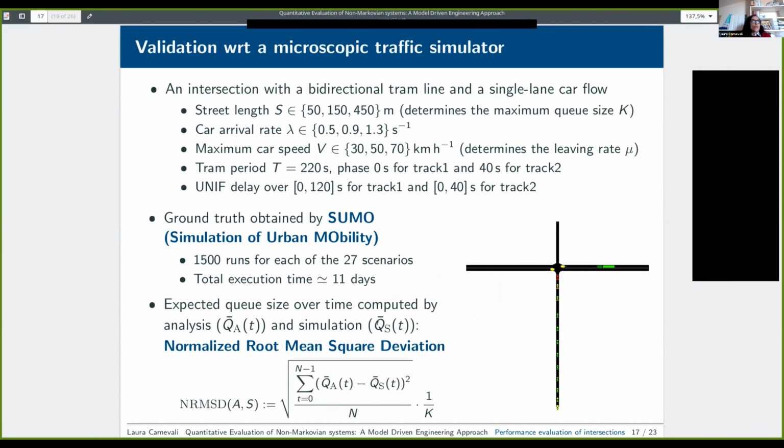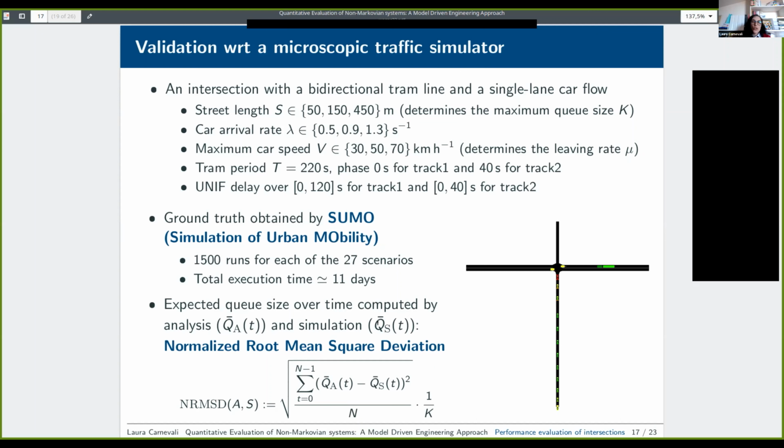Actually, what we could not take for granted was the accuracy of this kind of approach. Of course, we know that the microscopic model of tram traffic is accurate, but we could not know in principle what could be the accuracy induced by the macroscopic model of car traffic. And so we performed a validation of the approach with respect to a microscopic traffic simulator.